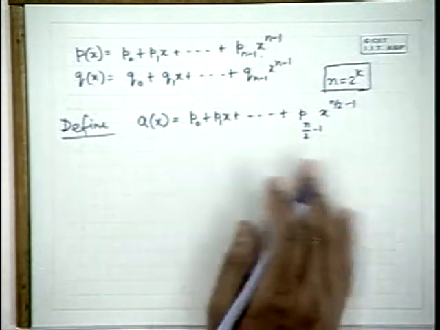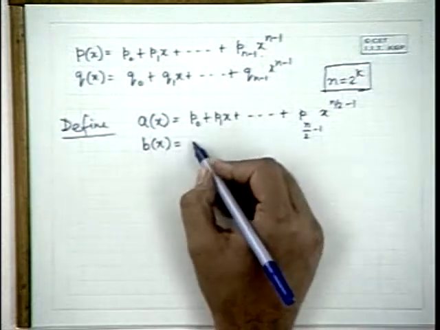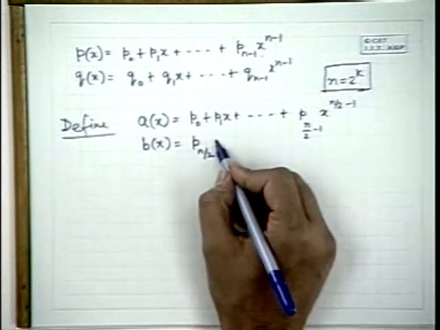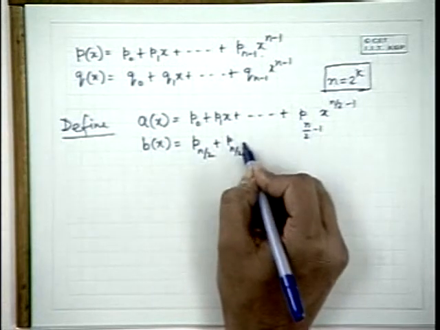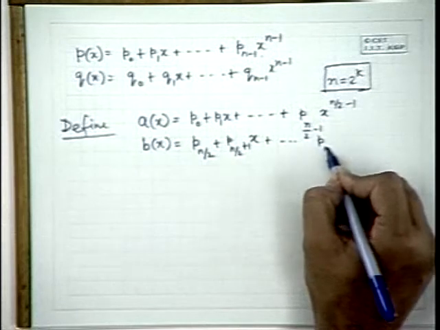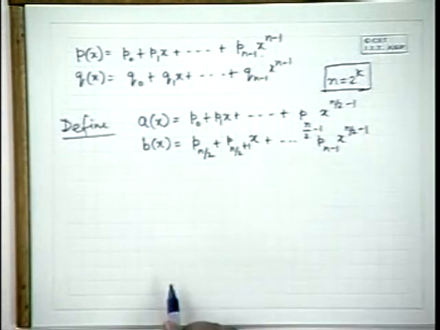We have almost taken half of the portion here. Then I am taking the next portion bx, which is p n over 2, that is the next coefficient after this, plus p n over 2 plus 1 x, goes up to p n minus 1 x to the n over 2 minus 1.